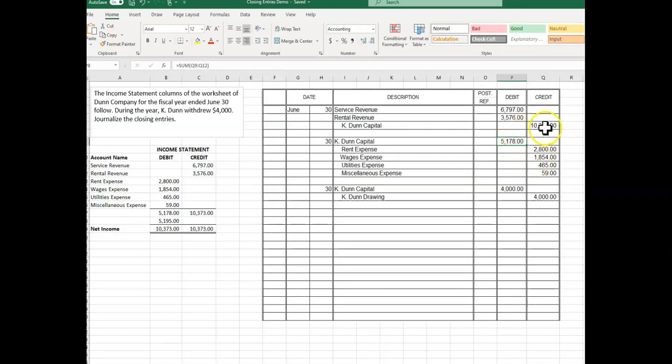And if you actually did the math, you would find the difference between this credit to capital and this debit is the total of the net income. So you're essentially putting that net income into your capital. You're accounting for it when you're closing your expenses and closing your revenue accounts. That's an important piece to make note of.